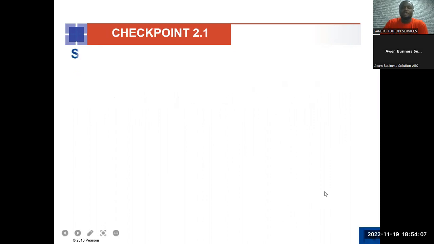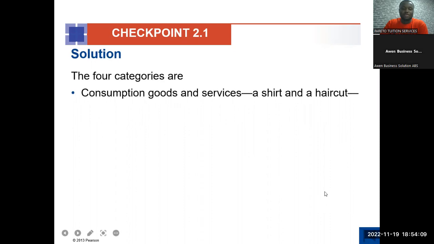So those are the 4 categories. Consumption goods and services: a shirt, a haircut, any good or service that individuals directly consume. Then for the capital goods, oil rig, trucks, computers, buildings, all those are part of capital goods, since we are using them to produce other goods and services.